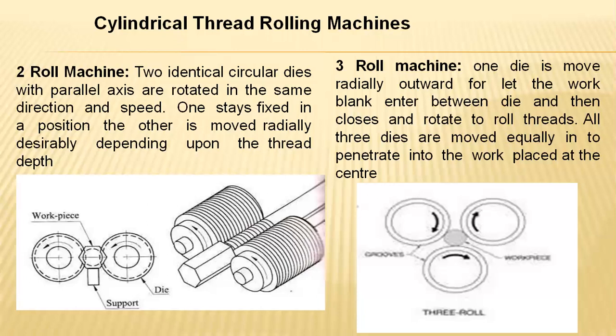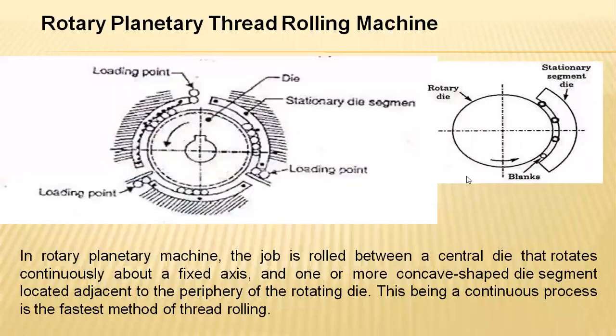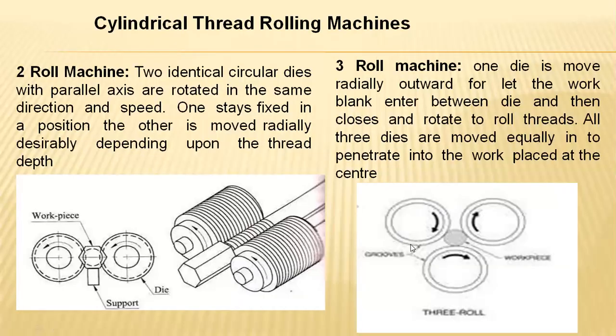Coming to the three-roll machine, one die is moved radially outward, and all three rotate in the same direction, three roll dies. Similar operations are progressed.